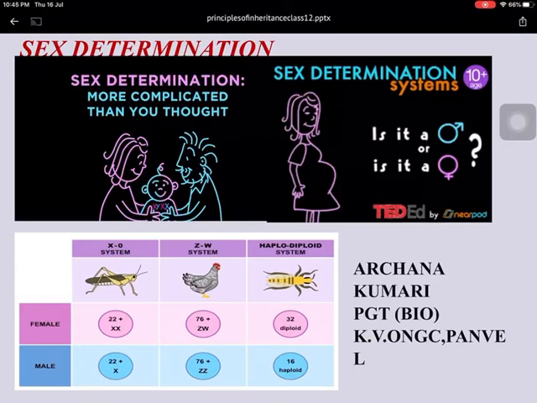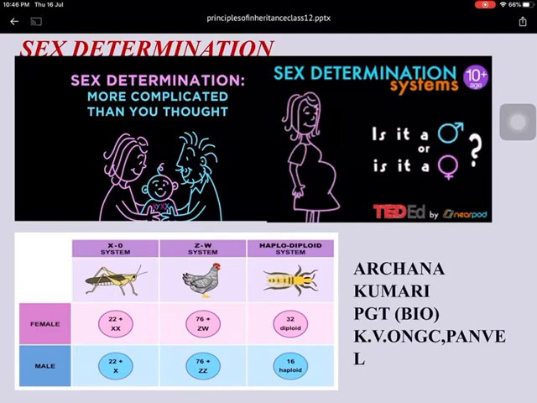So in the grasshopper there is an XX system responsible for female sex, but in the male there is only one X chromosome, not a pair. So mitosis takes place for the formation of the sperm, or you can say the male gamete.